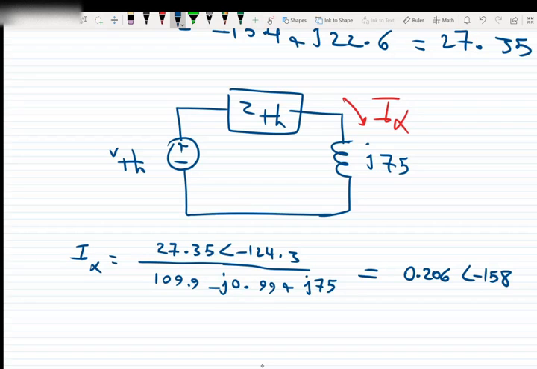So this one is the equivalent for this circuit.